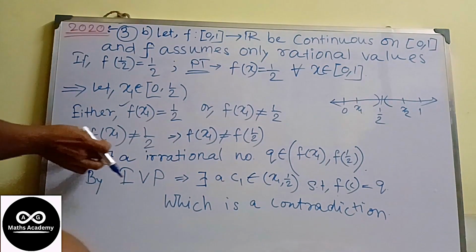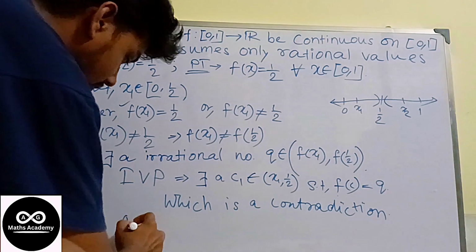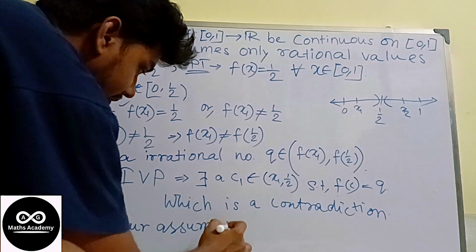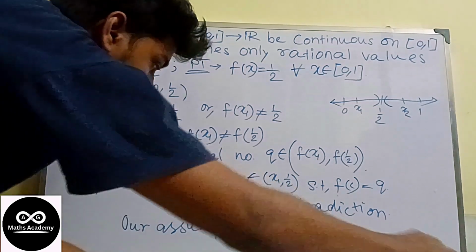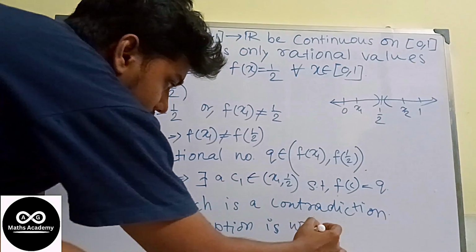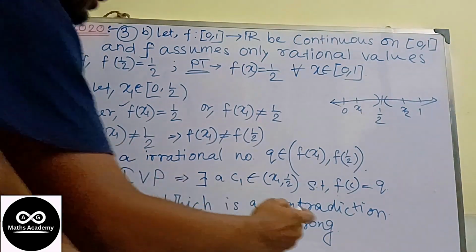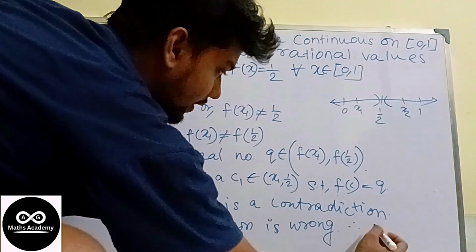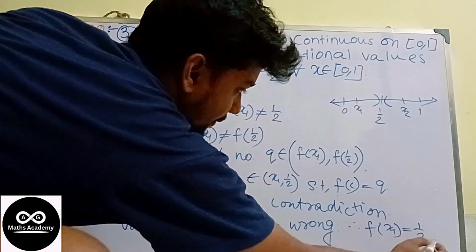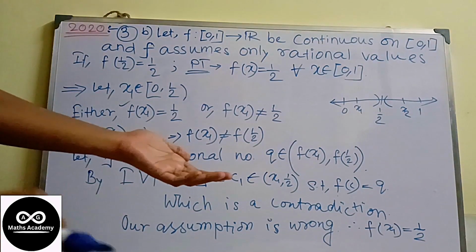So this was our assumption, and this is wrong. Therefore, f of x1 is equal to half.